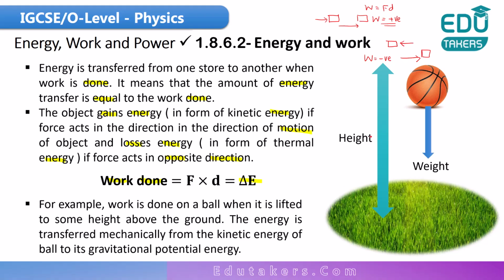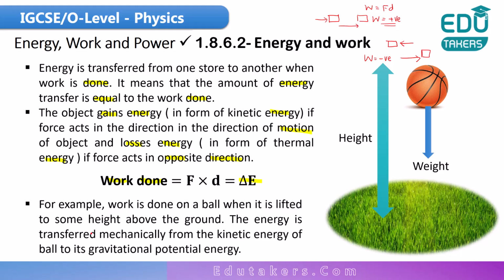For example, here you can see that work is done by the ball, because first of all this ball is lifted to some height. When the ball is moving towards the ground, the gravitational potential energy is converting into kinetic energy.